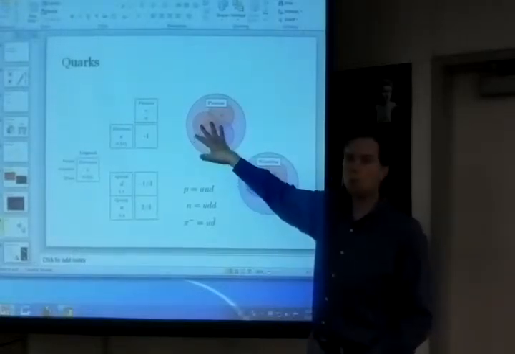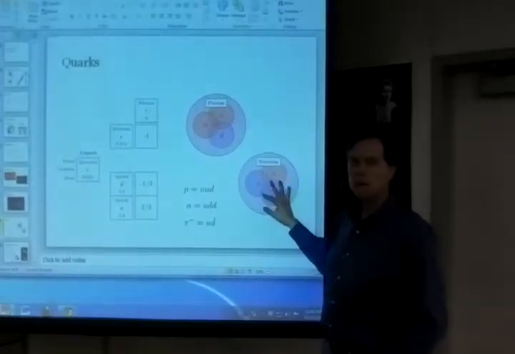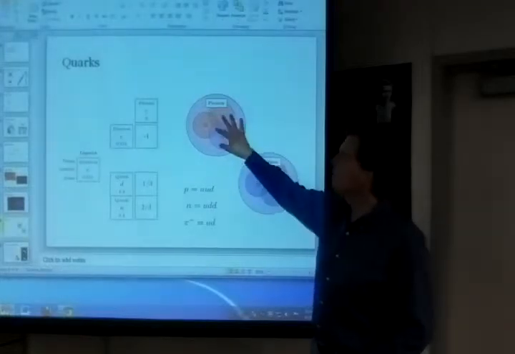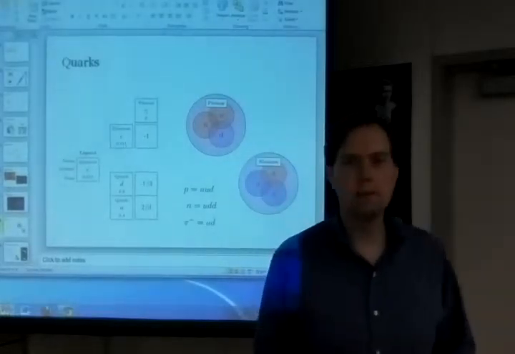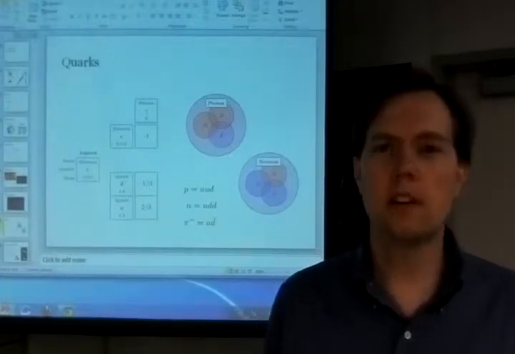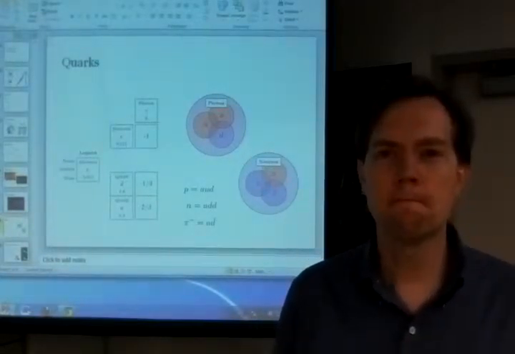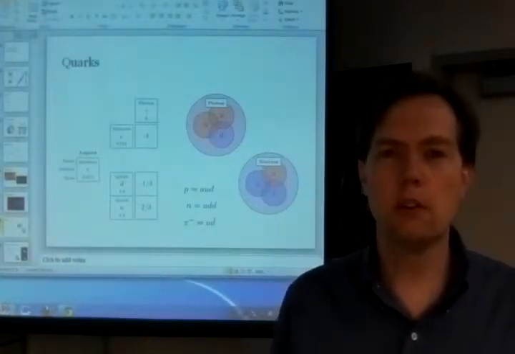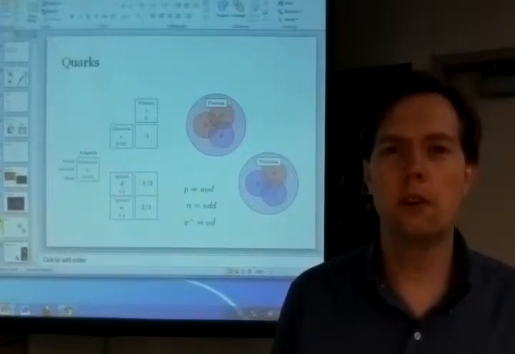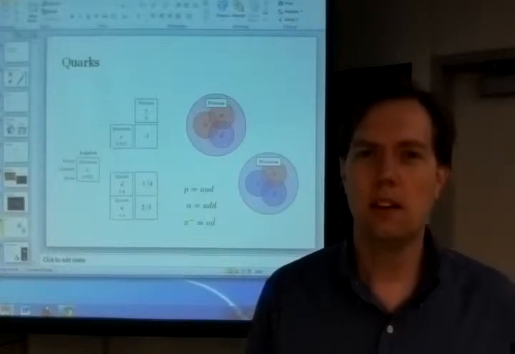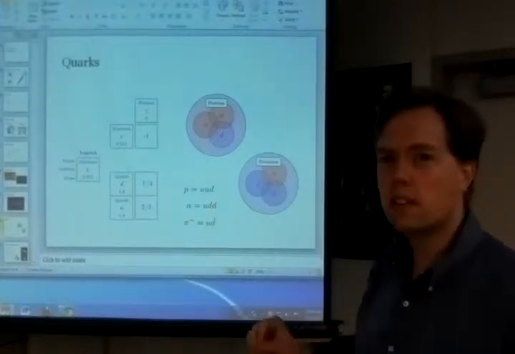That's going to be a net 1 here, a net 0 in this case. And so these two quarks combine together in those ways and create the proton and the neutron.